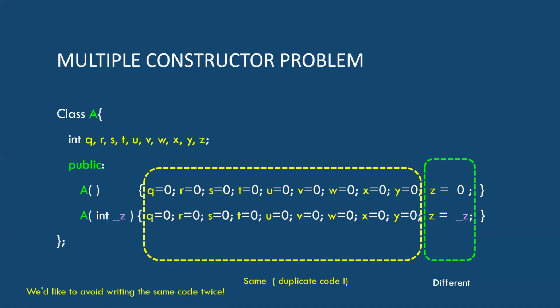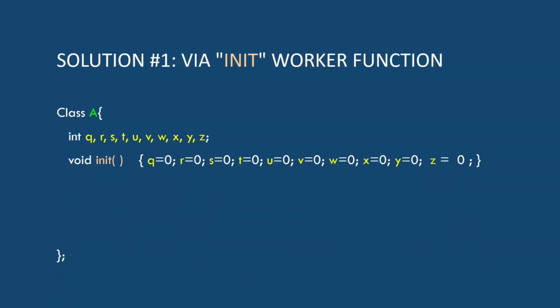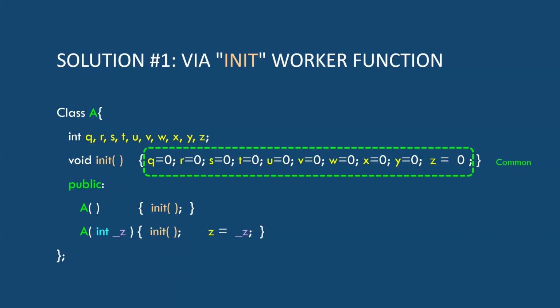So first off, we could extract all of that duplicate code and put it in a little private function inside of the class. So I could say, I'm going to call that my initialization function. And then I'm going to call it from over here. And then I'll call it from over here. And I'll also set the Z value while I'm at it. Okay. So now at least we have one set of code. And instead of having bugs in 2 places, maybe I only have a bug in 1 place, right? So that is always our goal, is to not write the same code twice.